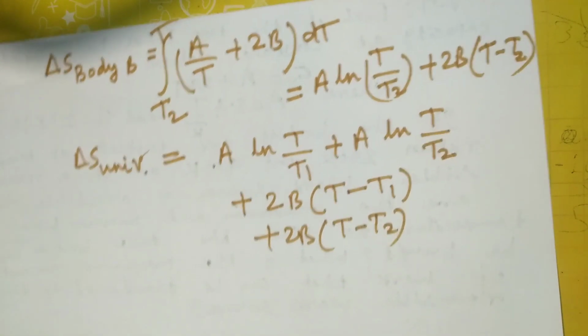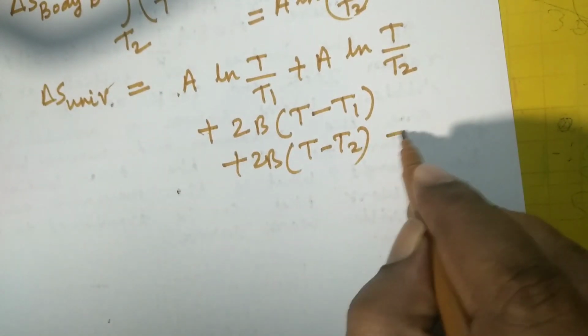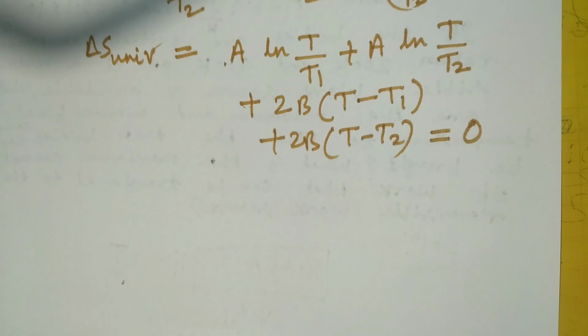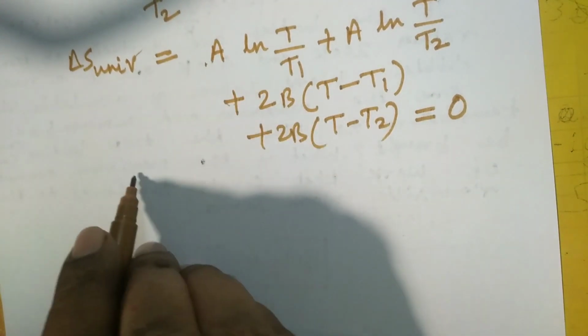And in this case, for maximum work, delta S universe has to be 0 according to the principle of increase of entropy.